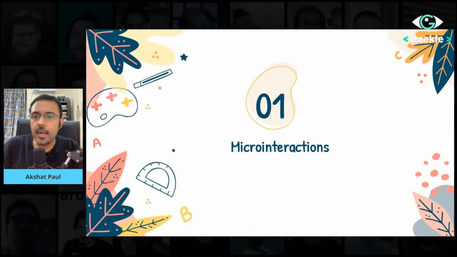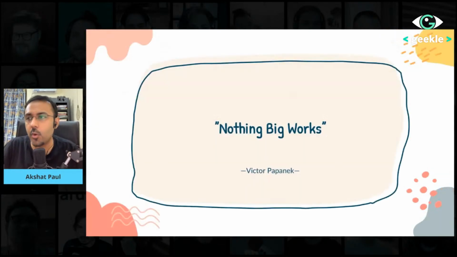So let's get started with part one of our talk, which is what are microinteractions. Before we get into the official definition of microinteractions, let's look at a quote which is one of my favorite quotes on this topic, by Victor Papanek, who is an Austrian-born American designer and educator, a very prominent person in the world of design, who has a book called Design for the Real World.